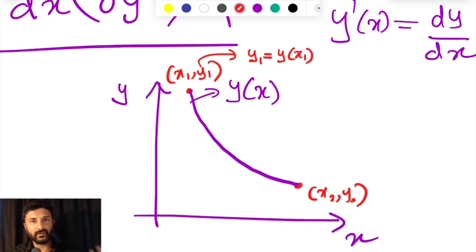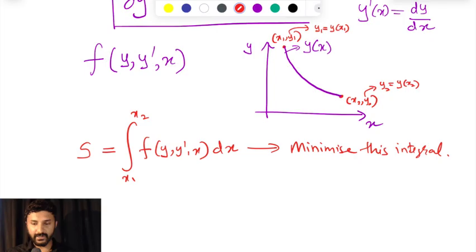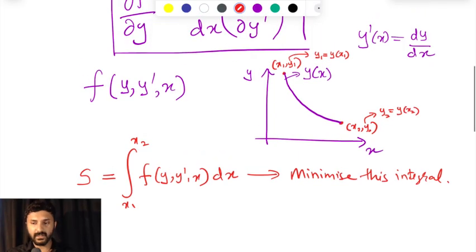It is what y is when x is x1. Similarly, the y2 here is nothing but what y would be when x is x2. So let's consider these 2 points, x1, y1 and x2, y2, between which this curve y of x exists, but we are not sure what y of x is.